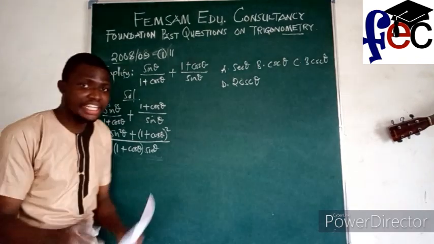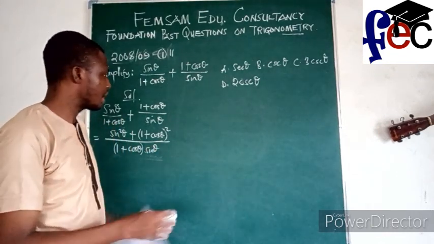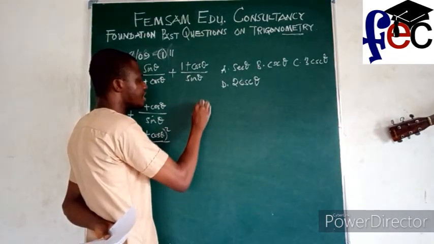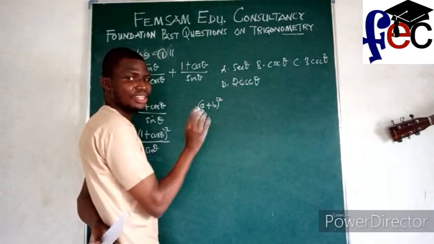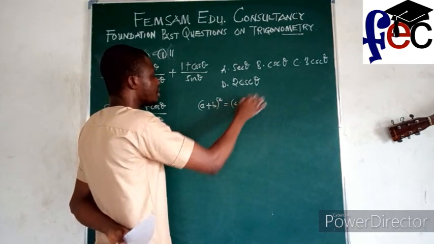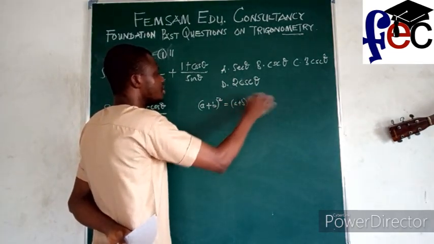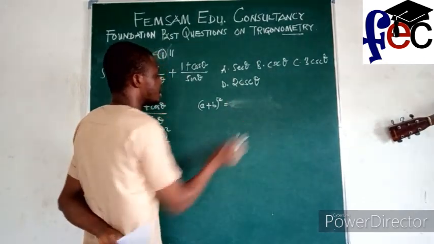Pardon me to quickly show you something, in case you never knew before now. If we are to expand a plus b all square, instead of saying this will give us a plus b times a plus b, which will be wasting our time, let's learn the direct expansion.